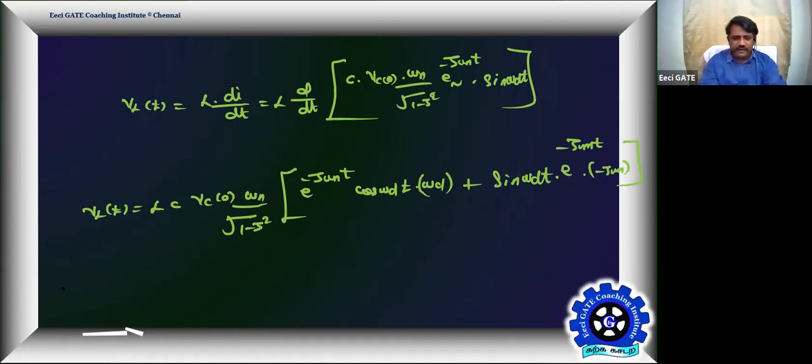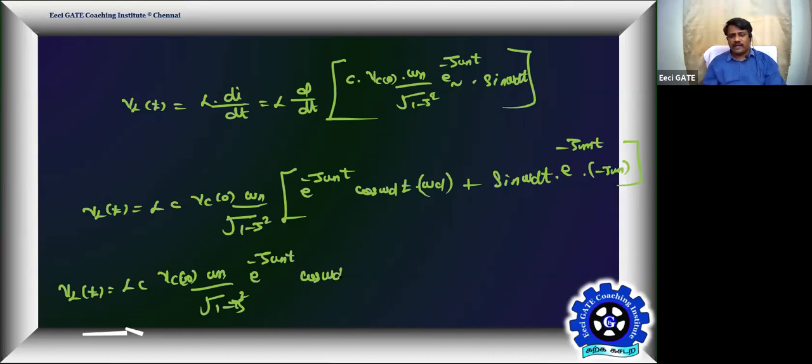Expand this, then VL of t will be LC into VC of 0 into omega n by root of 1 minus zeta square into e power minus zeta omega nt cos omega dt into omega n into root of 1 minus zeta square. This and this will get cancelled. Getting omega n, it's omega n square. We know omega n square equals 1 by LC. Will cancel this.